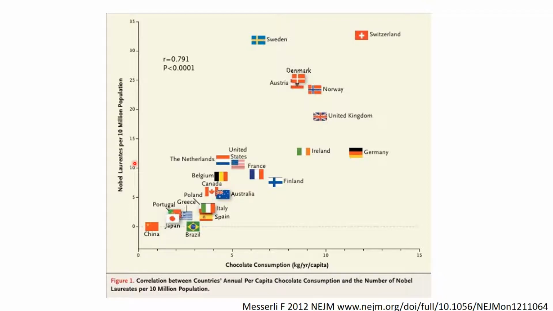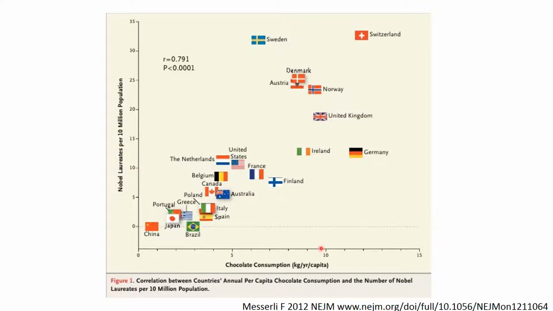Okay, so there's this random chance, and this is another nice example. This is from the New England Journal of Medicine, looking at chocolate consumption. Countries that eat lots of chocolate, so the UK, we love our chocolates, Germany and Switzerland, and how many Nobel laureates they have, so how many Nobel Prizes are won by that country.